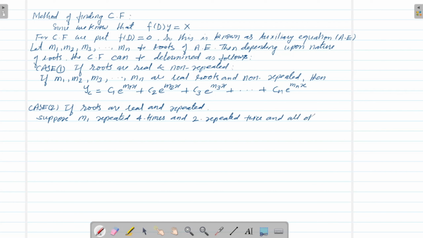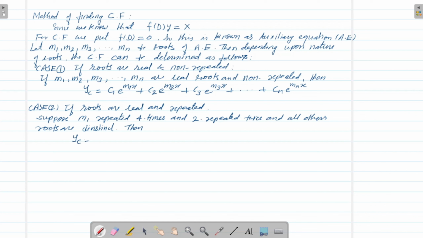Then we can write the complementary function yc.